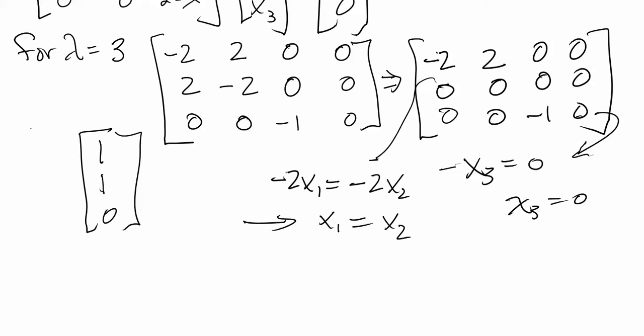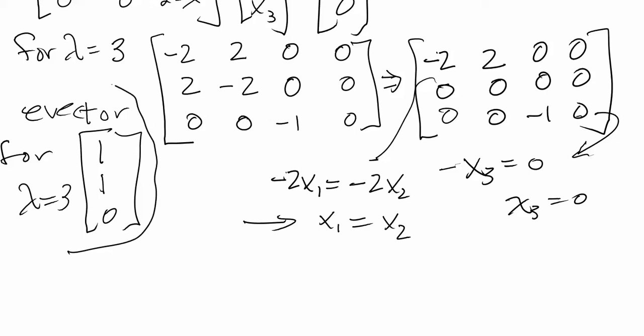So that is the eigenvector for lambda equals 3. And we always need to make it very clear which eigenvector goes with which eigenvalue.